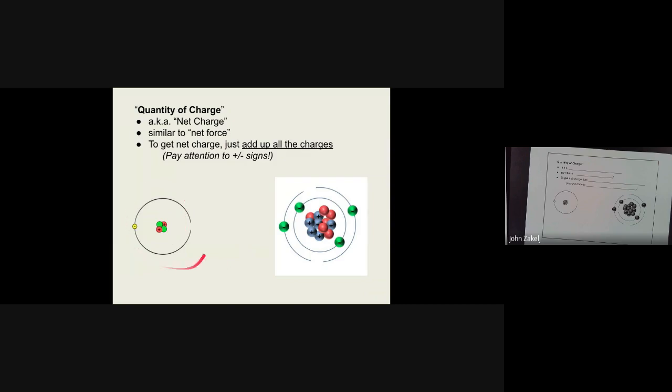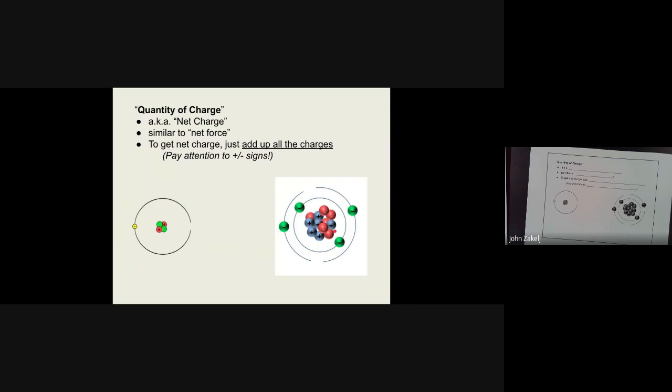Let's start with this simple atom over here. This is a helium atom. It has 2 positives in the nucleus and 1 negative electron. So we have 2 positives and 1 negative. You add those together, 2 plus -1 equals +1. This atom has a net charge of +1.